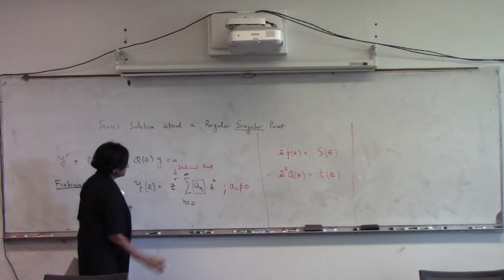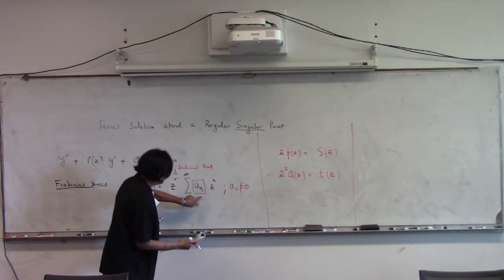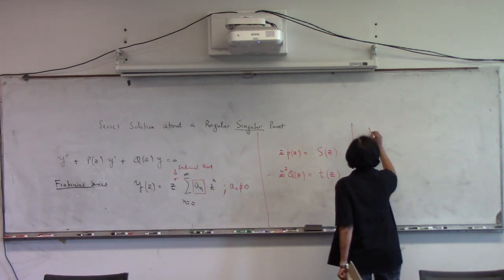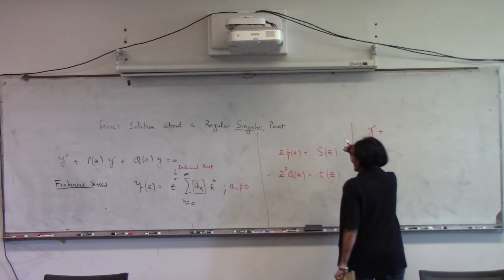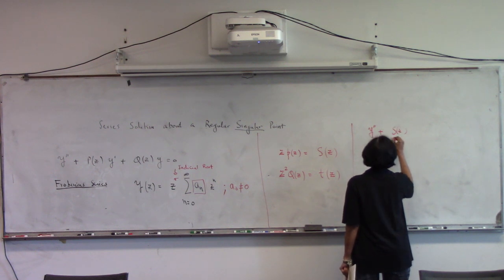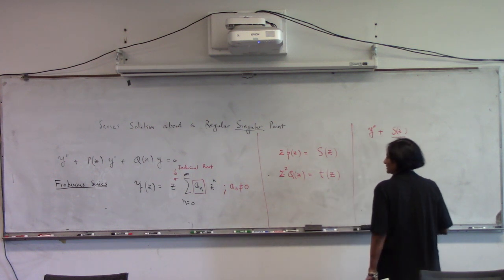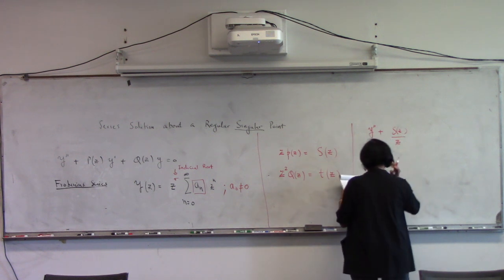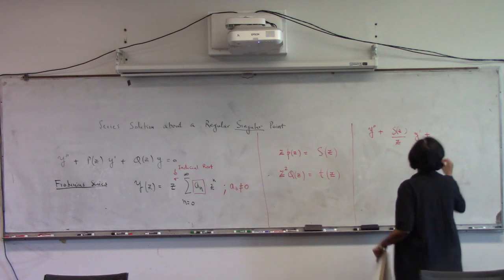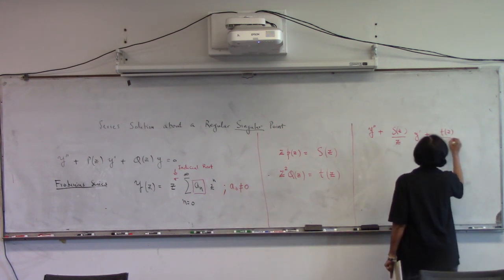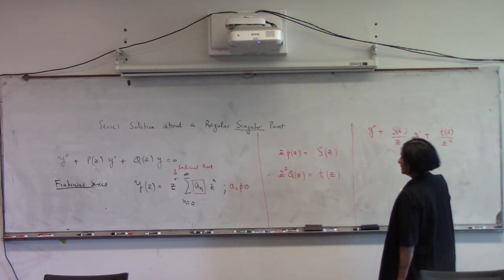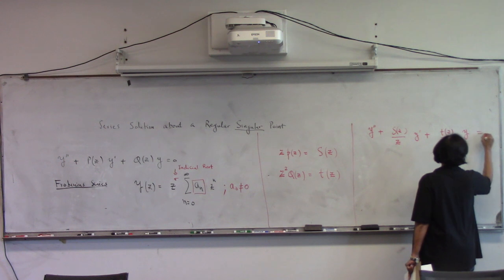And of course, through the recursion relationship, we'll get a sub n. So what we have is y double prime plus p of z, which is s of z divided by z, and then I have y prime, and q of z, which is t of z over z squared, times y equal to 0.